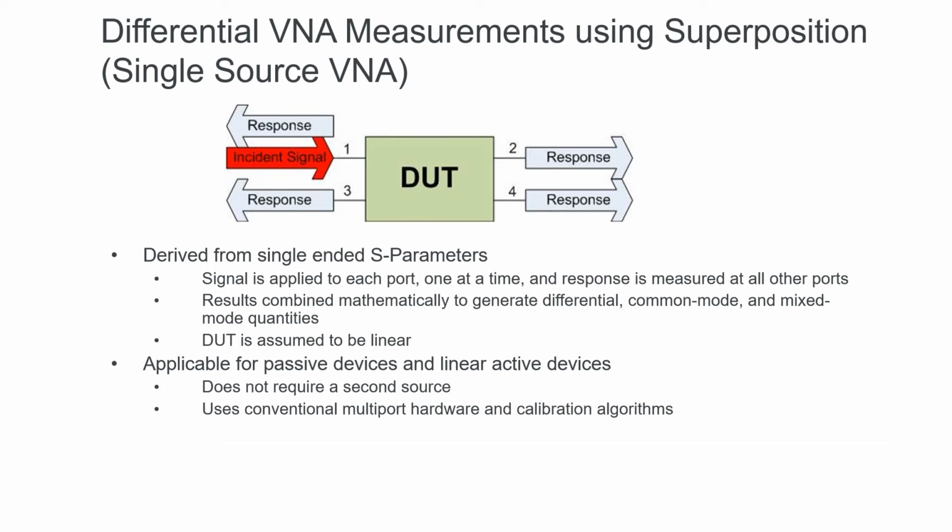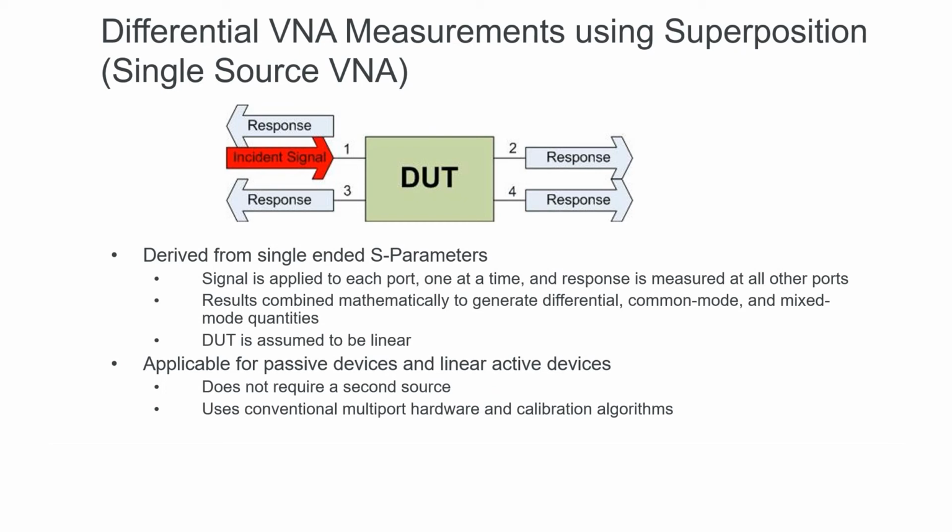Then we go to the next port and do the same thing. We collect all of these ratioed measurements to form our S4P matrix of single-ended S parameters, and then mathematically generate the differential, common mode, and mixed mode quantities based on that. As I said, this works perfectly well for passive devices and even linear active devices.